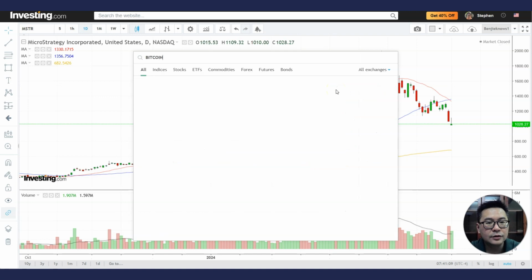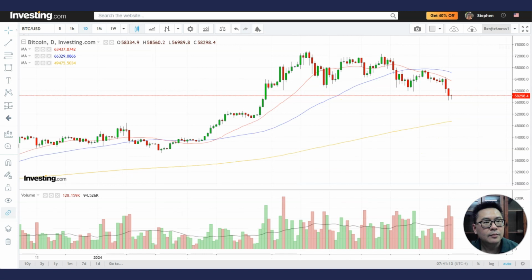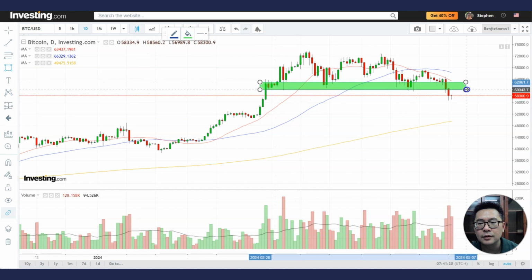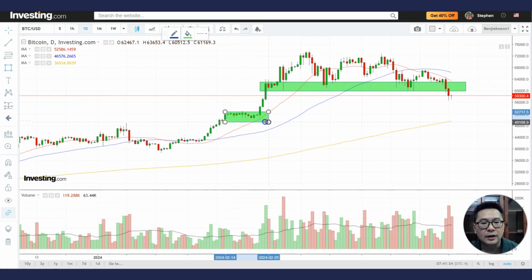Now, also let's go and take a look at Bitcoin. Bitcoin has already dropped below support. This was the support area, right? It had a bearish cross with the 20 MA crossing below the 50 MA, breaking below support here, and if it continues to move down, you might see the next support area here where it might reach, and it's also where it might hit the 200 MA.